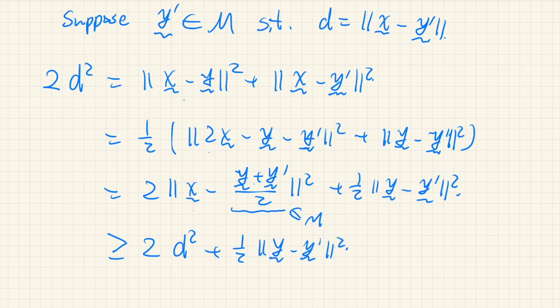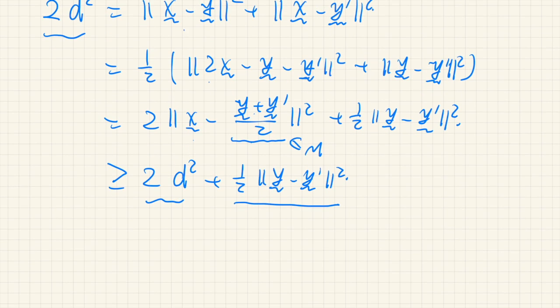But here we have 2d squared here, 2d squared here, and this quantity, ||y - y'||², is non-negative. Therefore we have 0 greater than or equal to 1/2 ||y - y'||². But this is, of course, greater than or equal to 0.